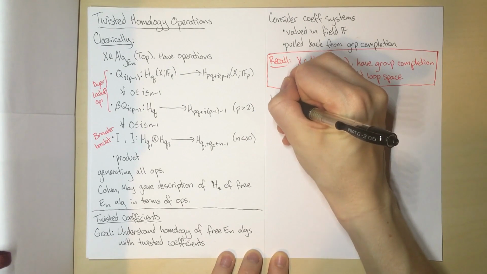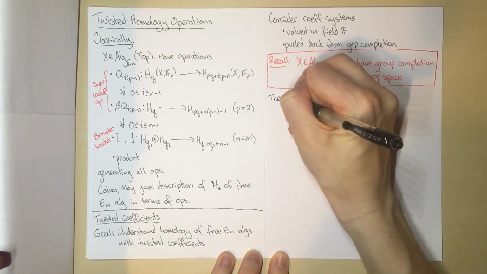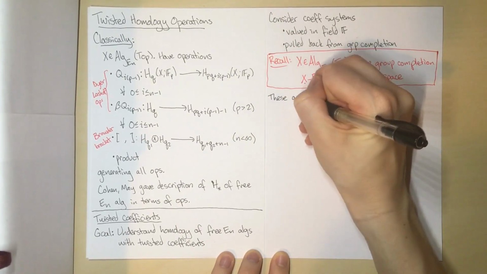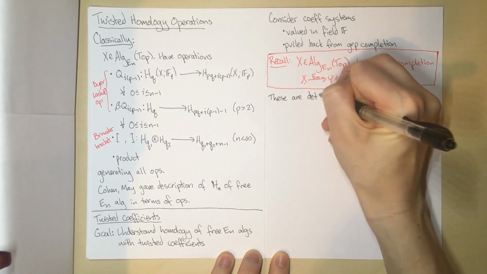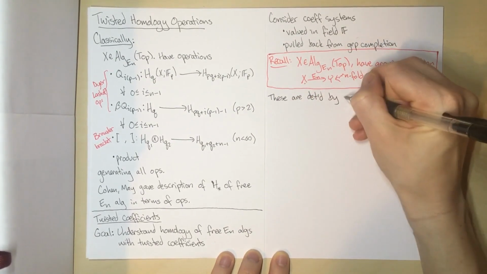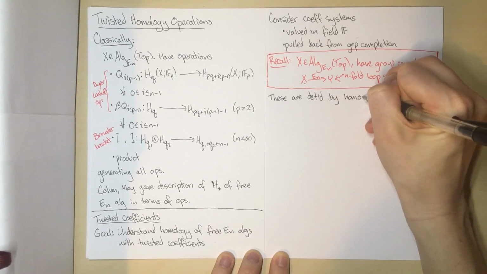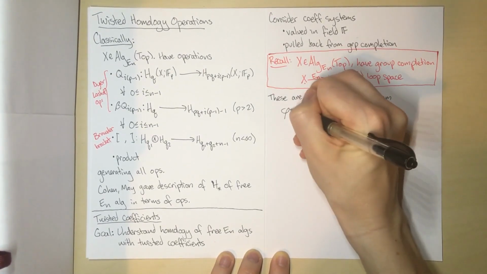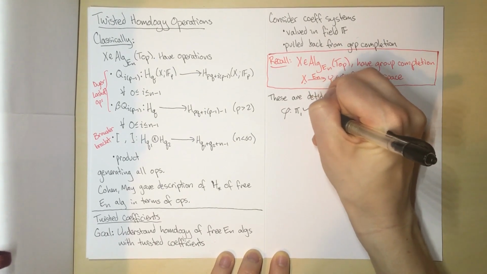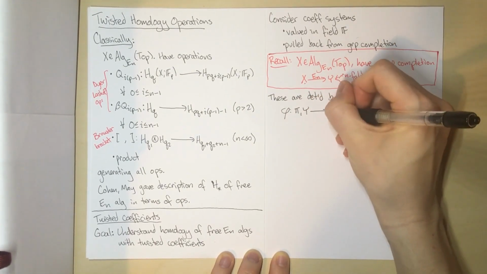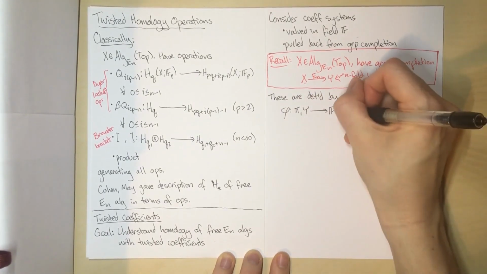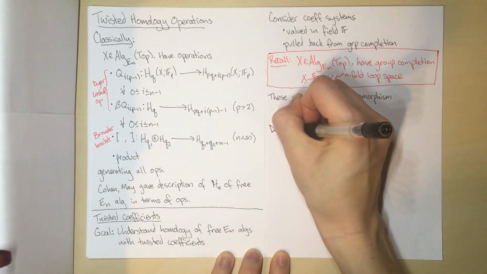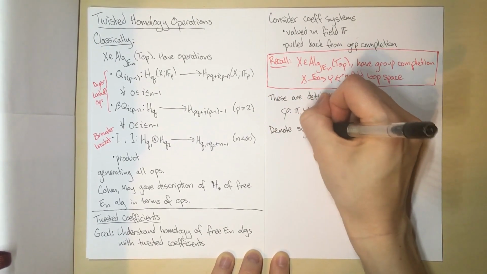And so coefficient systems like this that are sufficiently compatible with the EN structure are determined by data of a group homomorphism, which I'll call phi, going from the fundamental group of Y to the units of F. And I'll denote this system by F phi.